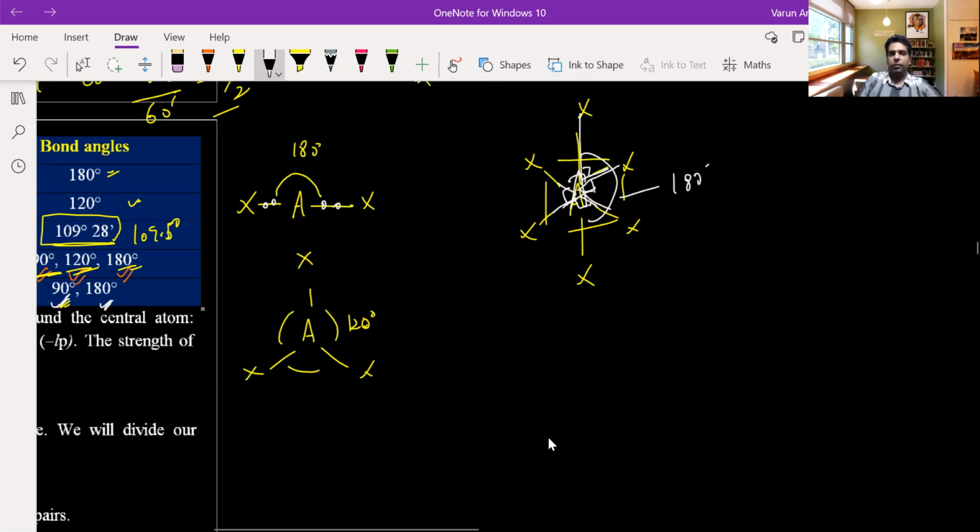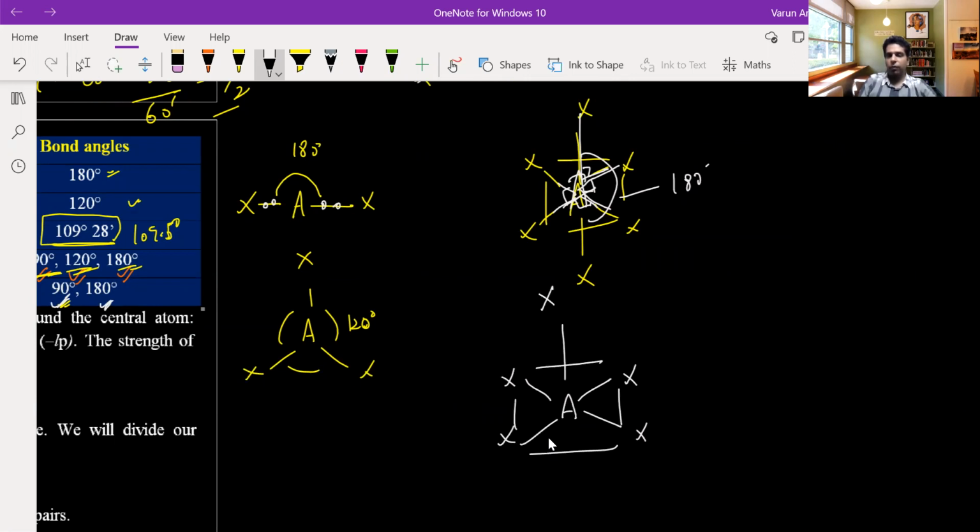So octahedral, how to draw octahedral? All the 4 atoms are at the corners of a regular square, one at the top, one at the bottom. So first of all, this angle is 180 degree and the remaining, this angle will be 90.